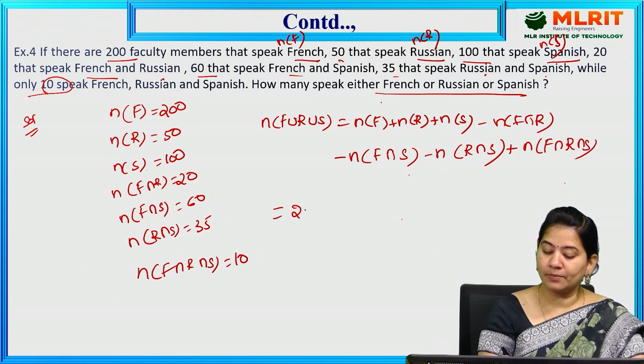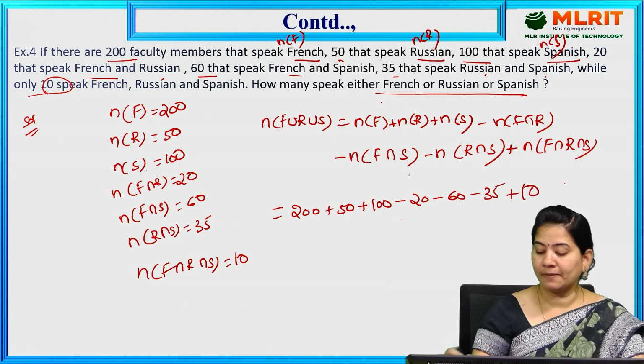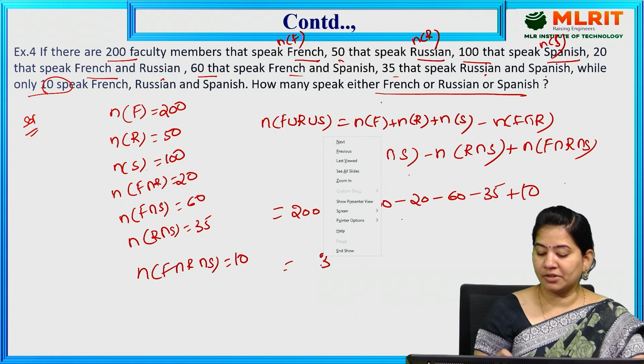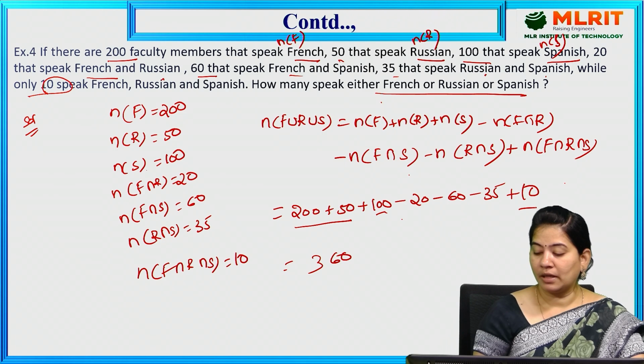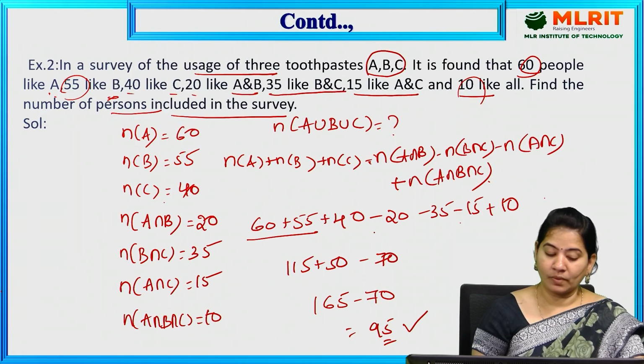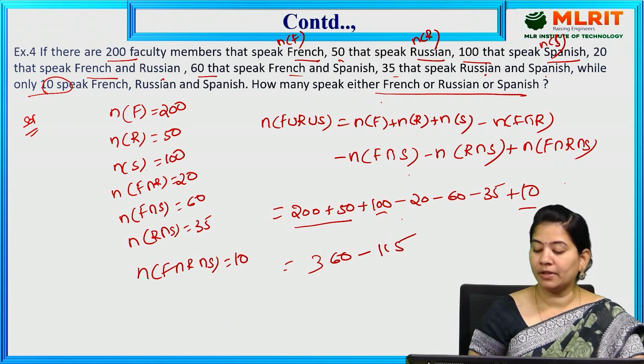So, directly substitute these values here: 200 plus 50 plus 100 minus 20 minus 60 minus 35 plus 10. So, 350 plus 10, 360 you will get here. Minus 115.